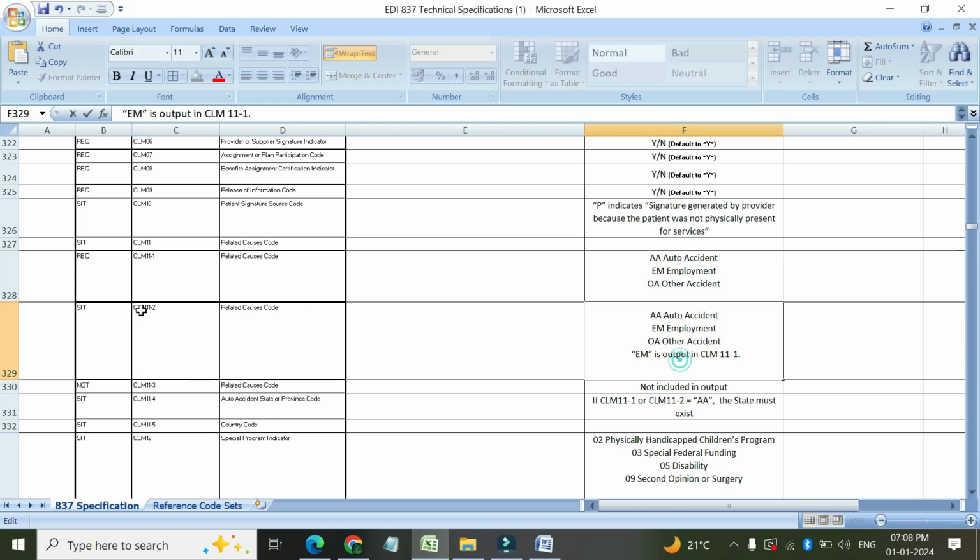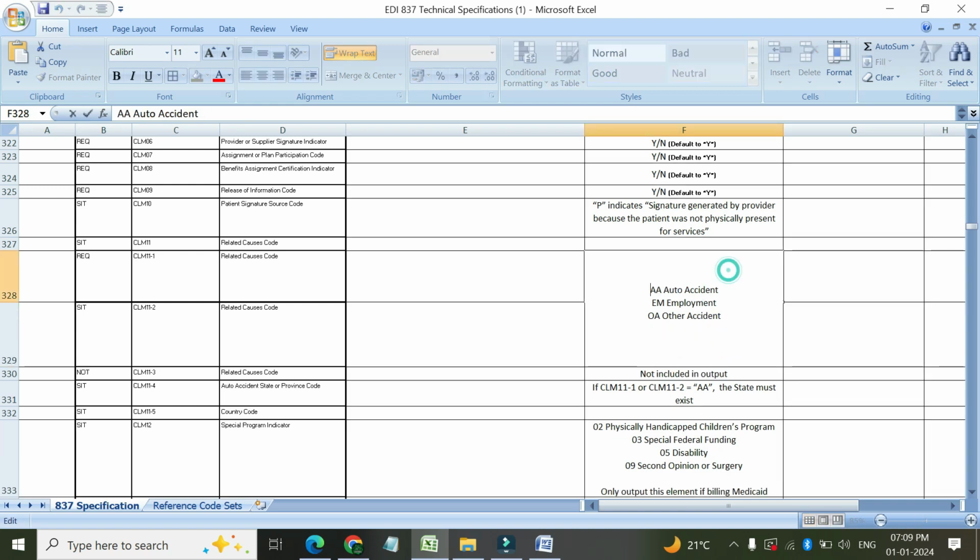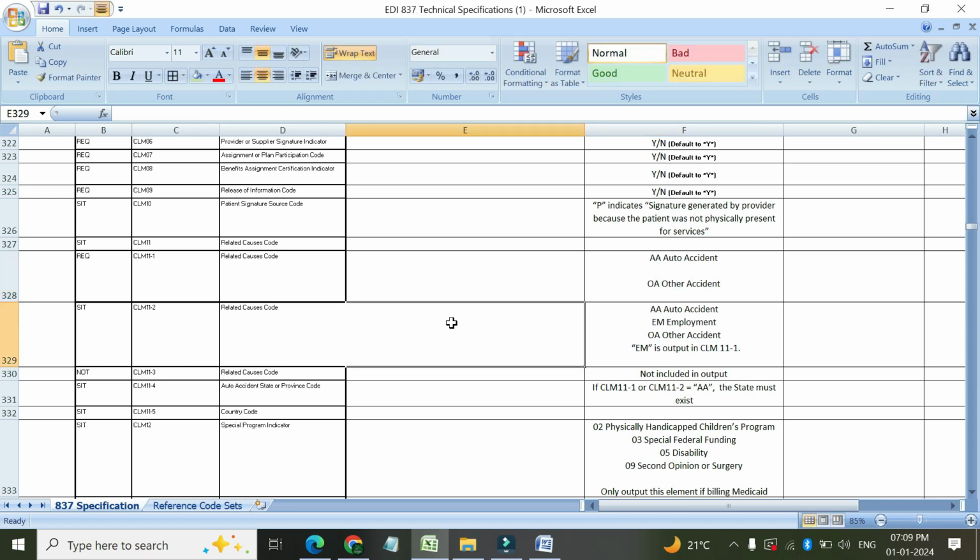It's just that if it is auto accident or other accident, then those values AA and OA go into CLM 11-1. But if it is an employment related condition, then it will output here in the CLM 11th element, second sub element. CLM 11 third element is not required.